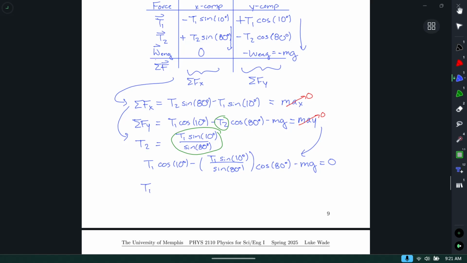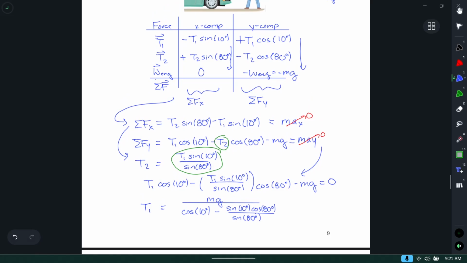We will get mg over cosine 10 minus all this mess, but at least all of those things are numbers because the mass is 320, g is 9.8, and then the rest are just trig functions.